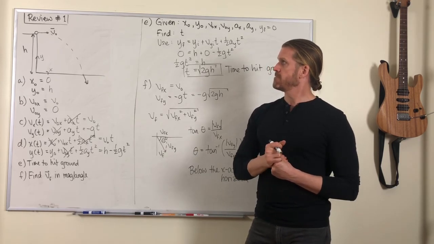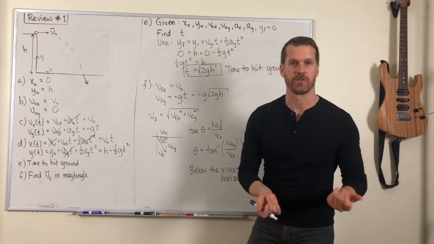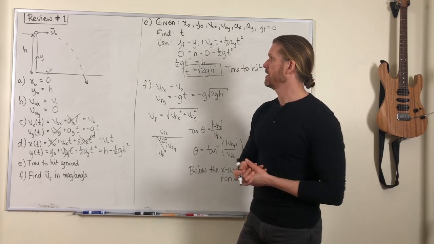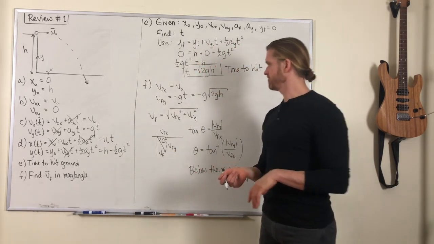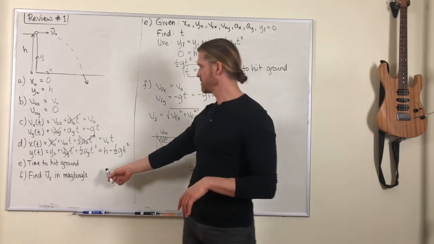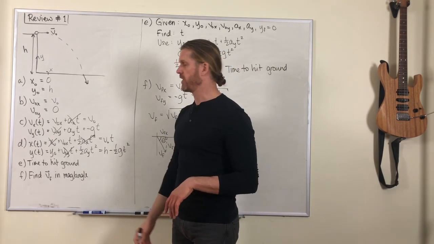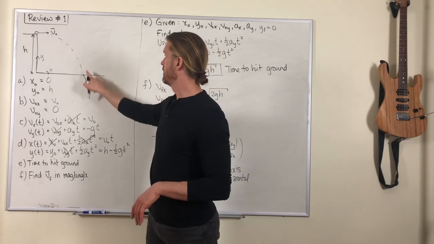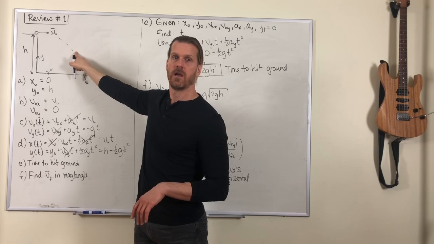Now, I might also ask you another computation kind of question, such as instead of finding the velocity vector when this hits the ground, find the velocity vector when it's at some other height.